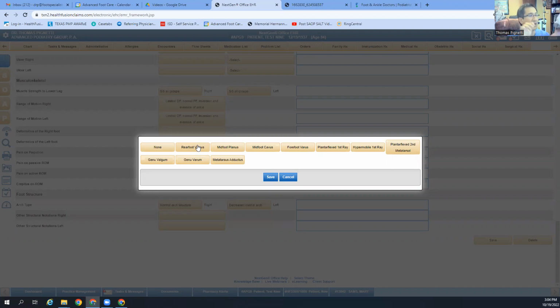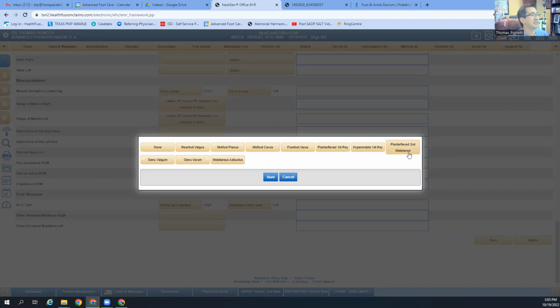Midfoot cavus is a super high arch foot. Forefoot varus is the front part of the foot is twisted this way when the heel is, when the leg is straight. Plantar flexed first ray means this part of the foot is down compared to the other part. Hypermobile first ray is this moves up and down very easily, typical with some of our bad bunions. Plantar flexed first metatarsal, a lot of this bone is down a lot.